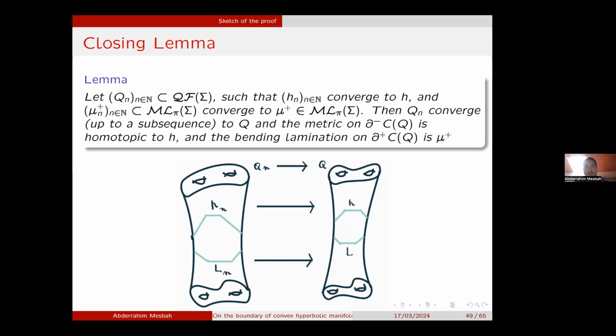Then up to extracting a subsequence, our sequence of quasi-Fuchsian manifolds Qn converges to some quasi-Fuchsian manifold Q that has H and L as the induced data on the boundary of the convex core.